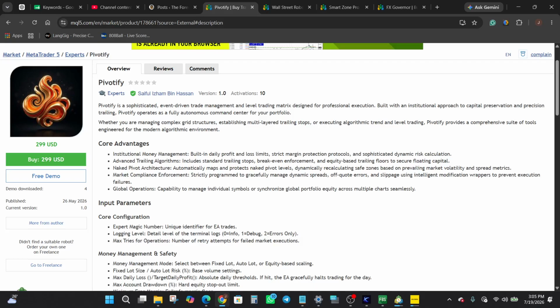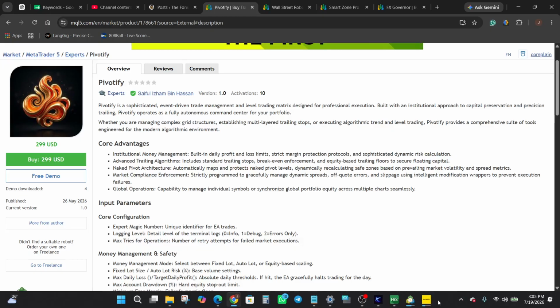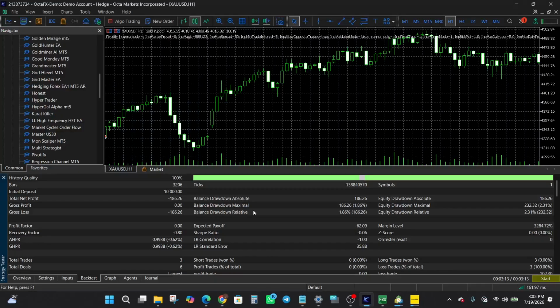So who might this expert advisor be suitable for, right? Based on what we have observed, from the marketplace page, from the back testing that I just showed you, this looks like the expert advisor is designed primarily as a risk and trade management framework rather than a standalone strategy.